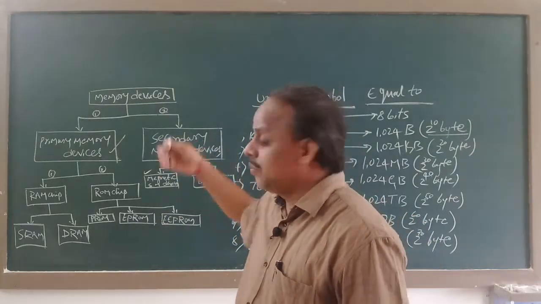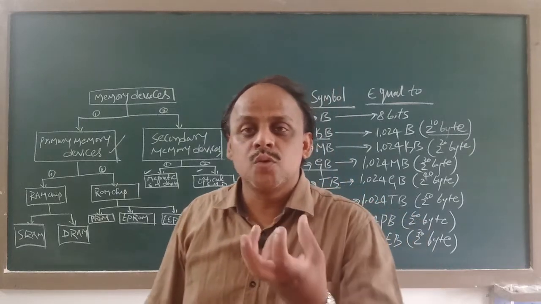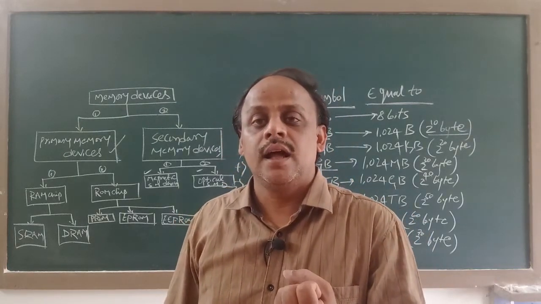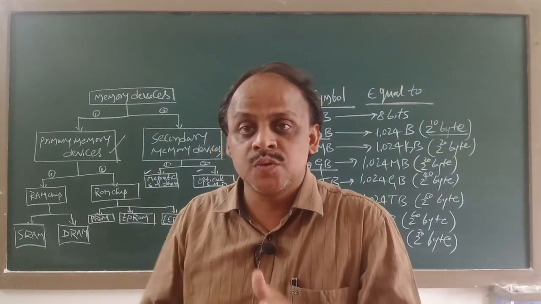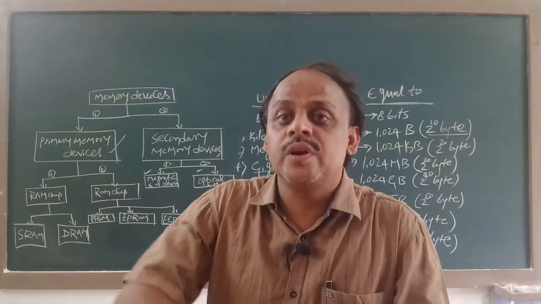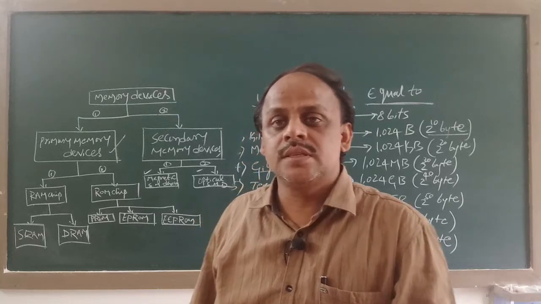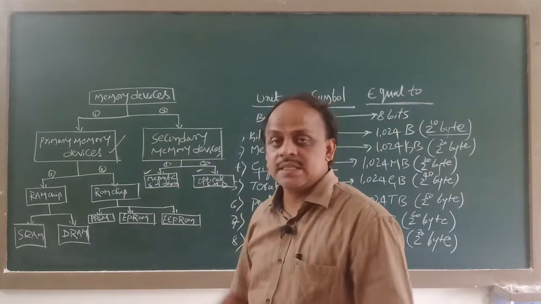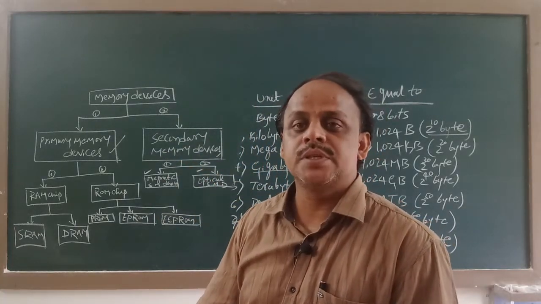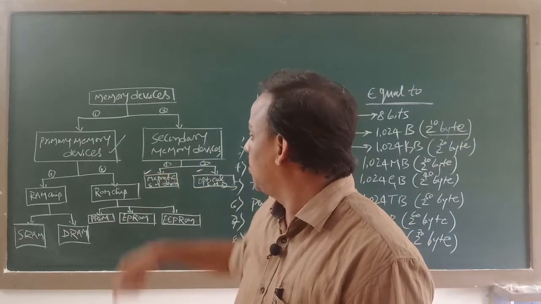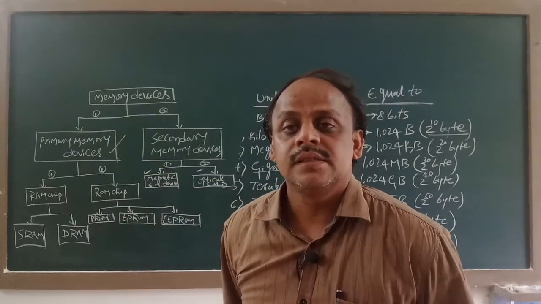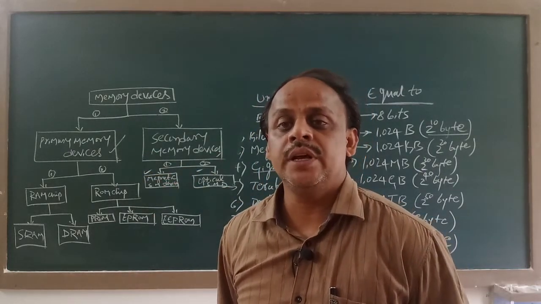So on the basis of storage capacity and how it is stored, whether temporarily or permanently, devices are classified into two types: mainly primary memory devices and the second one secondary memory devices.